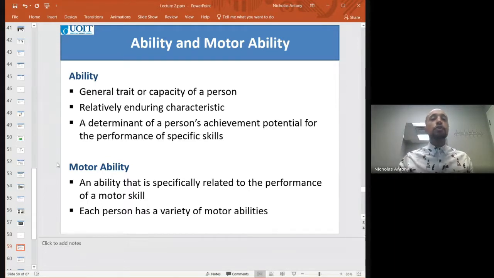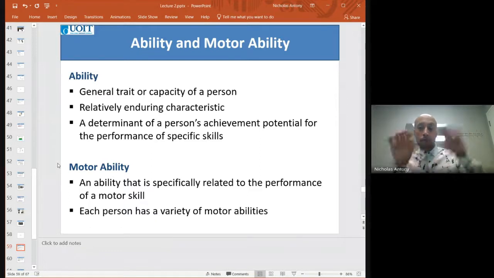So researchers wanted to quickly understand, is there specific motor abilities? Is there one motor ability, and that just tells you there's only one type of motor ability and you're either good at it or not good at it? Or there are 8 different motor abilities: timing, hand-eye coordination, speed, balance. And then you have people that are good in some and not good at others. Who knows, right? Let's research it and figure it out.